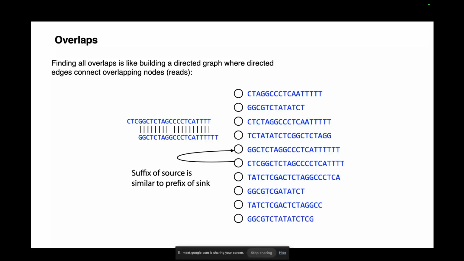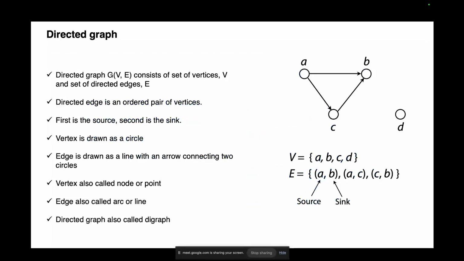And what you are trying to do is find the suffix of read 1 and the prefix of read 2 and see how much overlap there is, right? The more overlap there is, the higher the weight of the connection; the edge will have a higher weight. So this is an explanation of what a graph is.